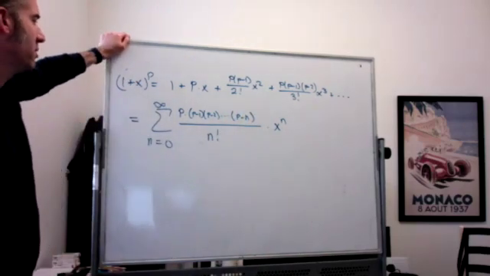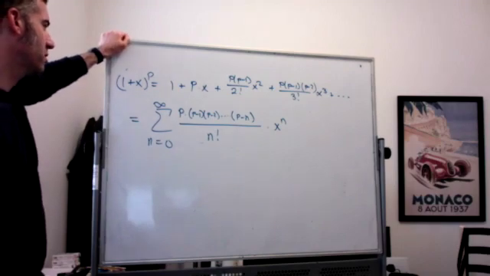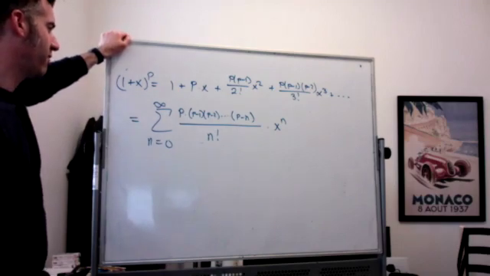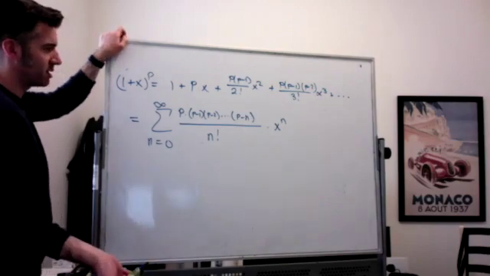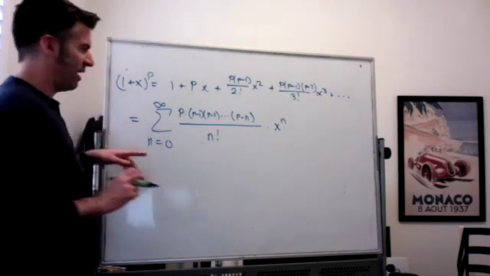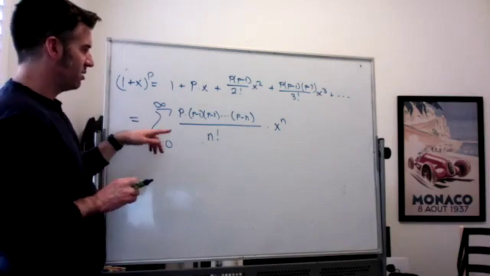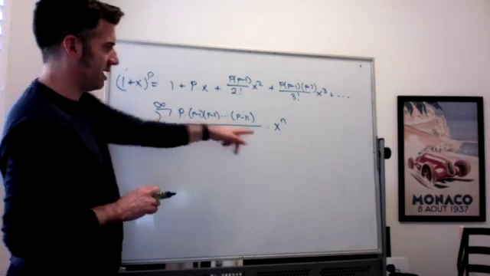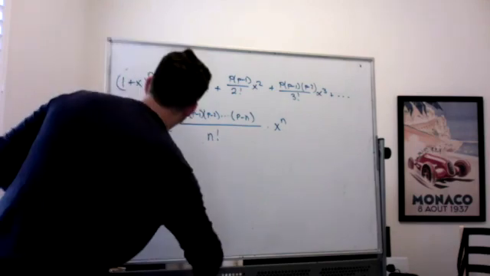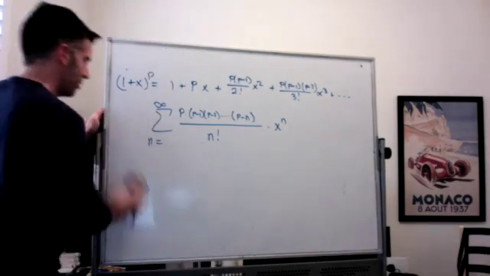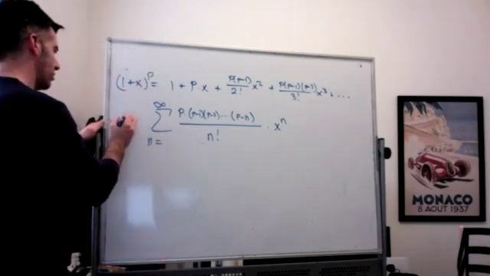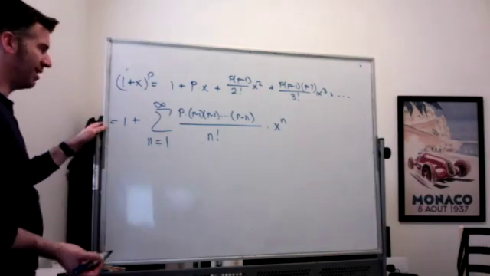All right, double check. I think that's maybe slightly wrong, because if n is 0, you don't get p times x to the 0. I think what we have to do is adjust for the first term and do it like that.